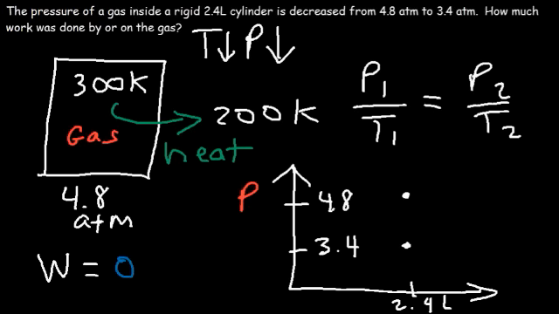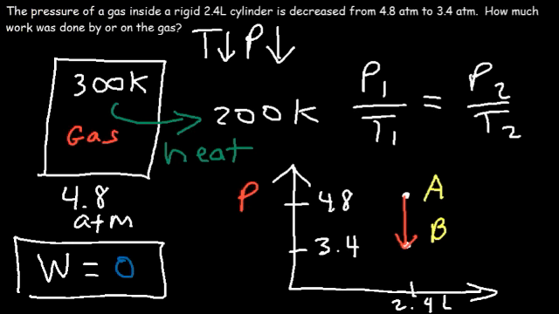So we're going from position A to position B. Notice that this graph has no area. Because the area between this curve and the x-axis is 0, the work is therefore equal to 0. So for any isochoric process, W is always equal to 0.